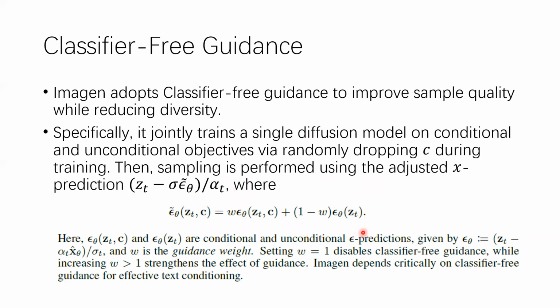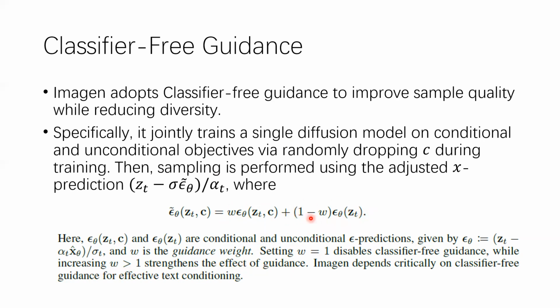It's the same as the previous slides. Here, w is the guidance weight. Setting w to 1 disables classifier-free guidance, because you don't have the second term, you only have the first term, which is the most straightforward sampling. Increasing w larger than 1 strengthens the effect of guidance, which is this part.